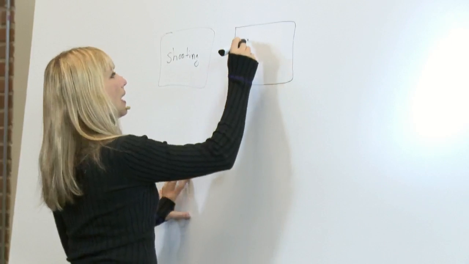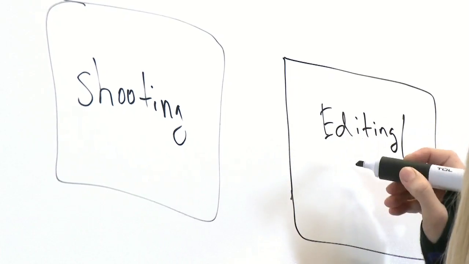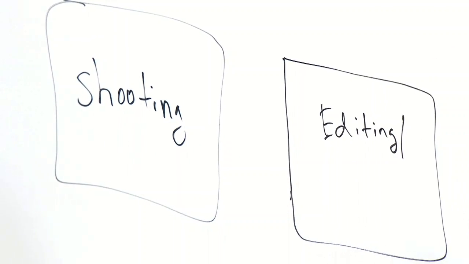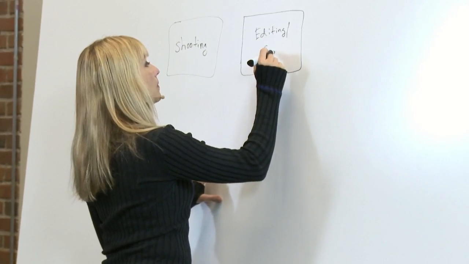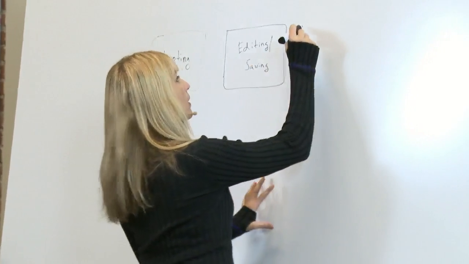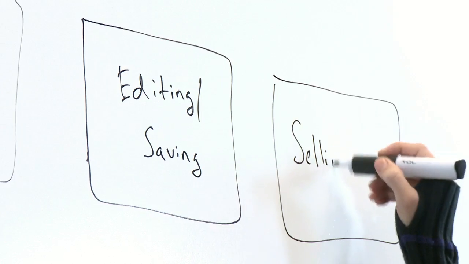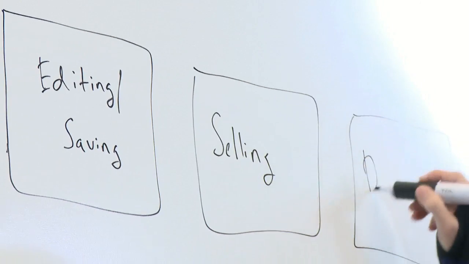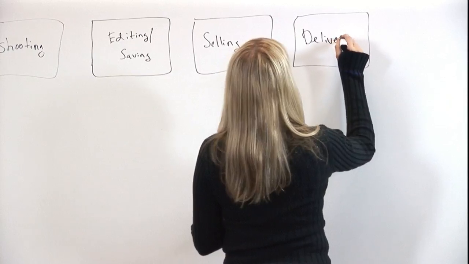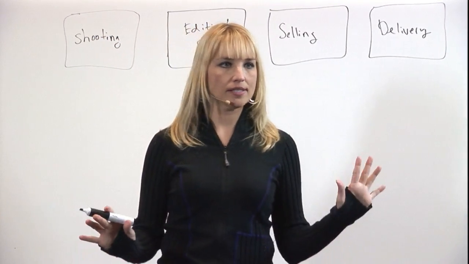You're editing, whether you do post-processing or you're just backing them up or whatever the case may be. You are selling them and you're delivering. Okay, so these are the things that you're doing as a portrait photographer, yes?